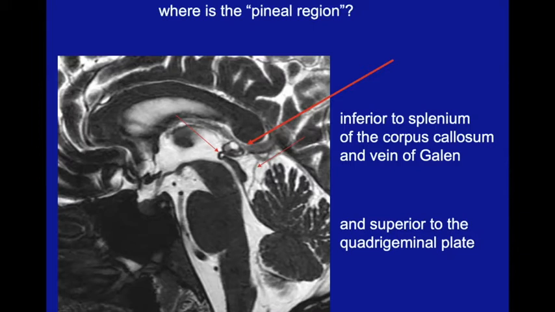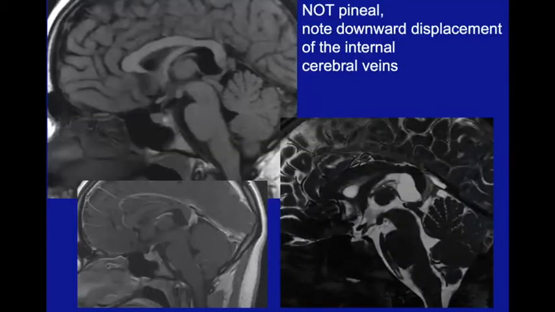This location is characteristic, and again note the position of the pineal gland below the vein of Galen and internal cerebral veins. Now, this cystic structure here that you see again on high resolution imaging, this is not, in my opinion, a pineal region lesion.